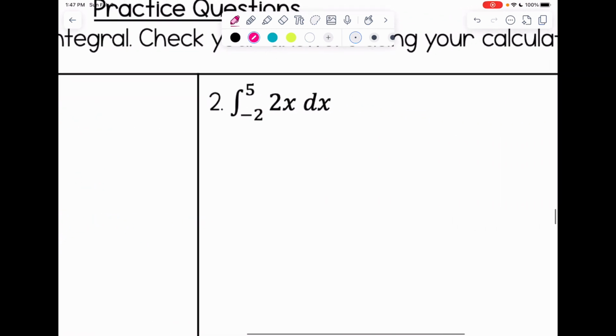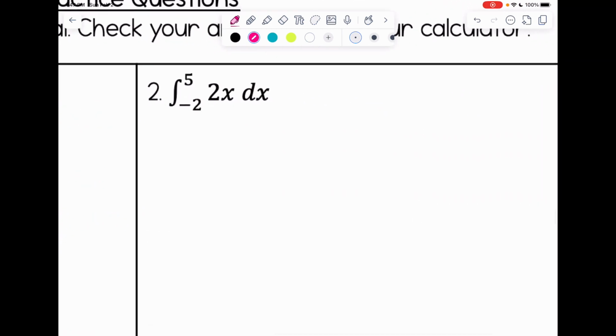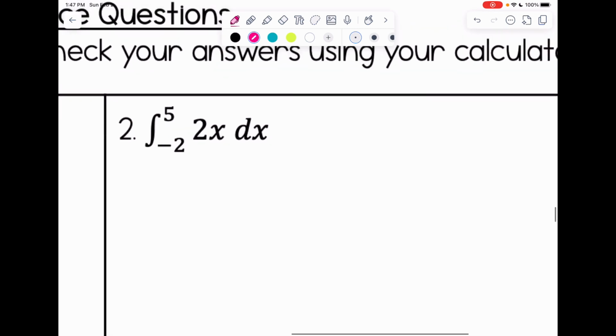For number 2, evaluate the definite integral from -2 to 5 of 2x. With the coefficient of 2, you can copy it over, but you're going to see in a second that it's going to end up essentially canceling out with a new denominator, basically because that's equivalent to 1.